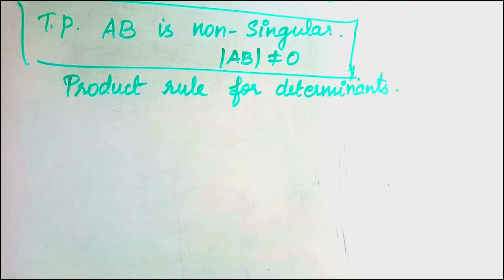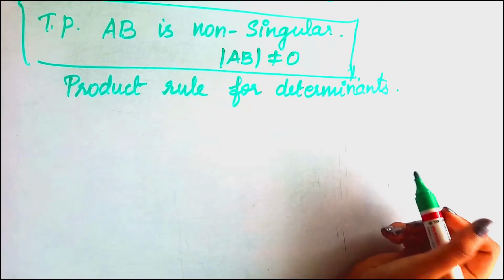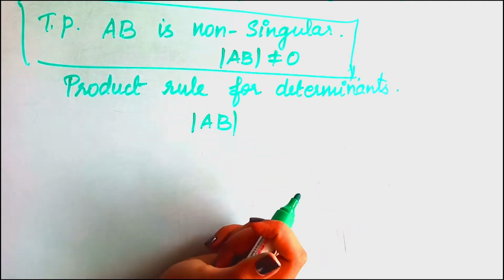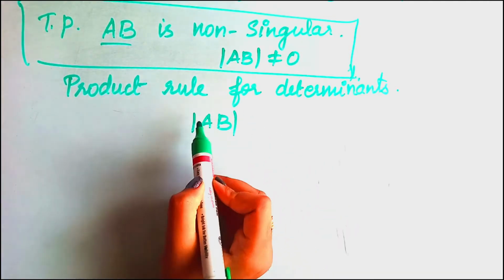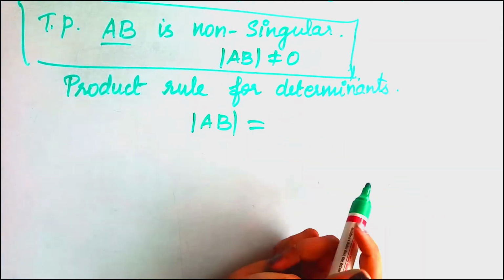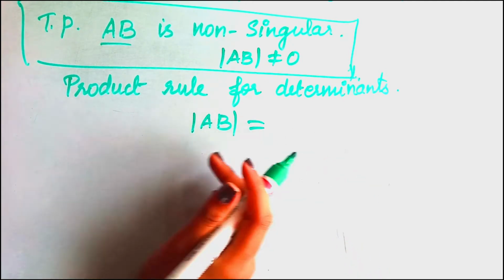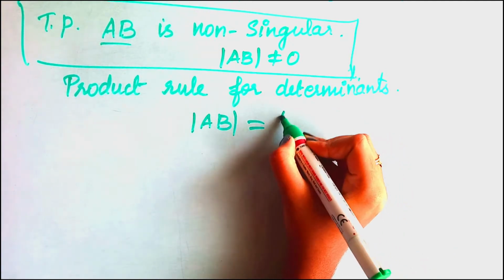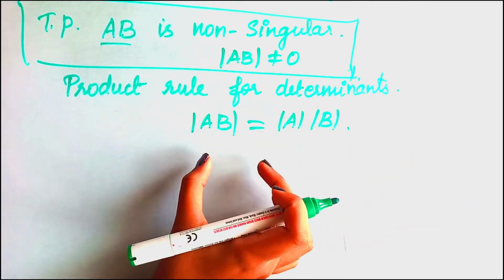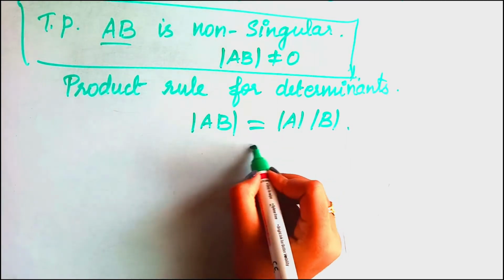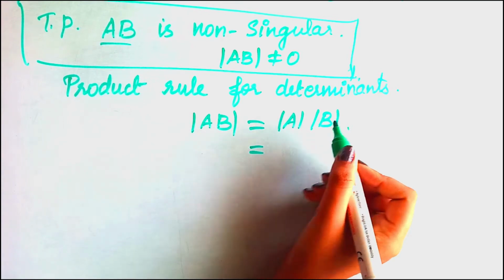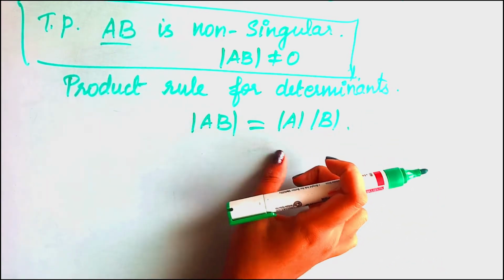And by the product rule of determinant, we have the determinant of AB, and we have to prove that AB is non-singular. So we can take the determinant of AB, which is equal to, by the product rule, we can separate this into determinant of A into determinant of B. We already know that determinant of A is not equal to 0, and determinant of B is also not equal to 0.